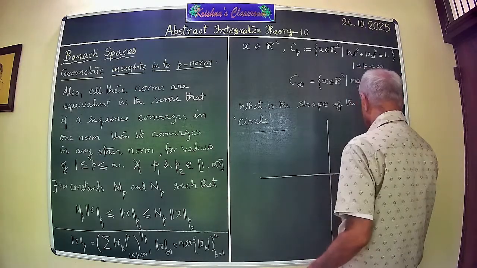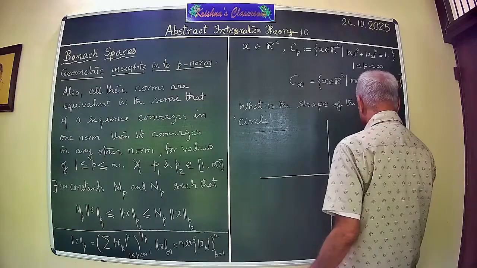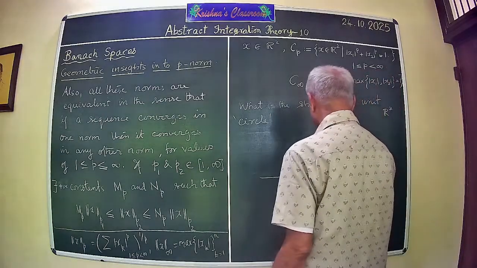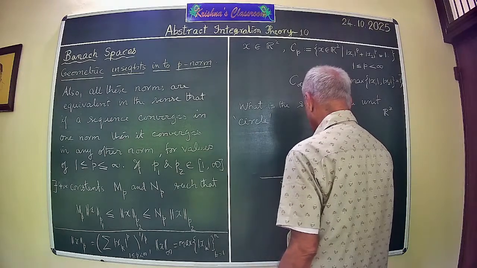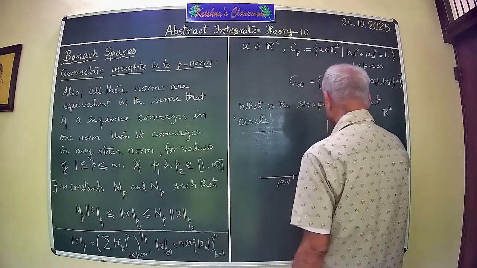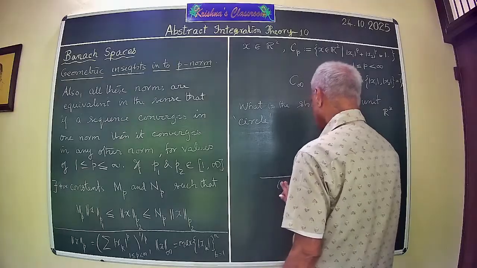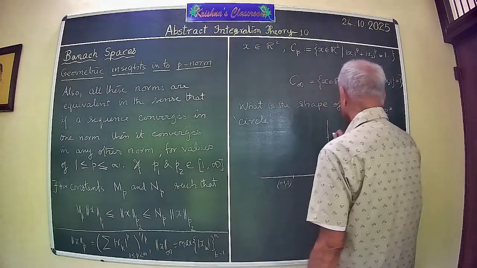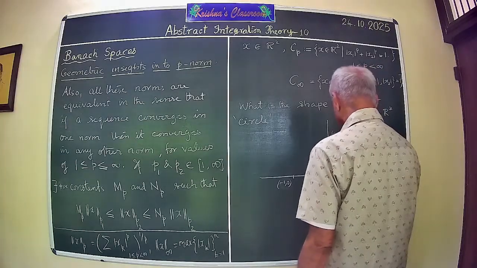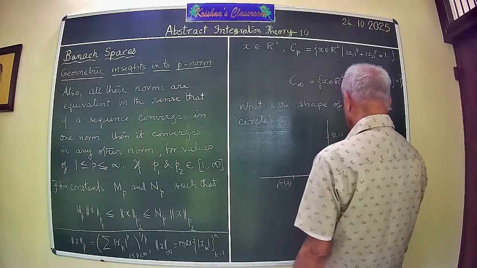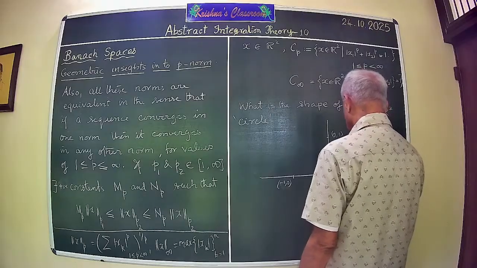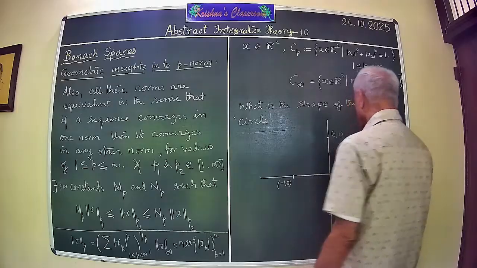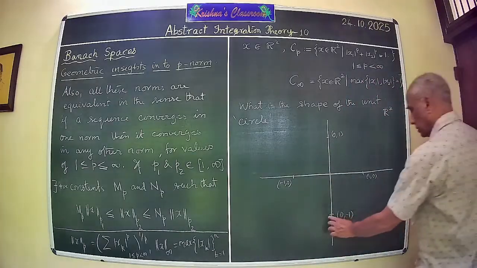Now take 1, 2. So minus 1, 3. Squares. Minus 1. These are 4 points that you mark.